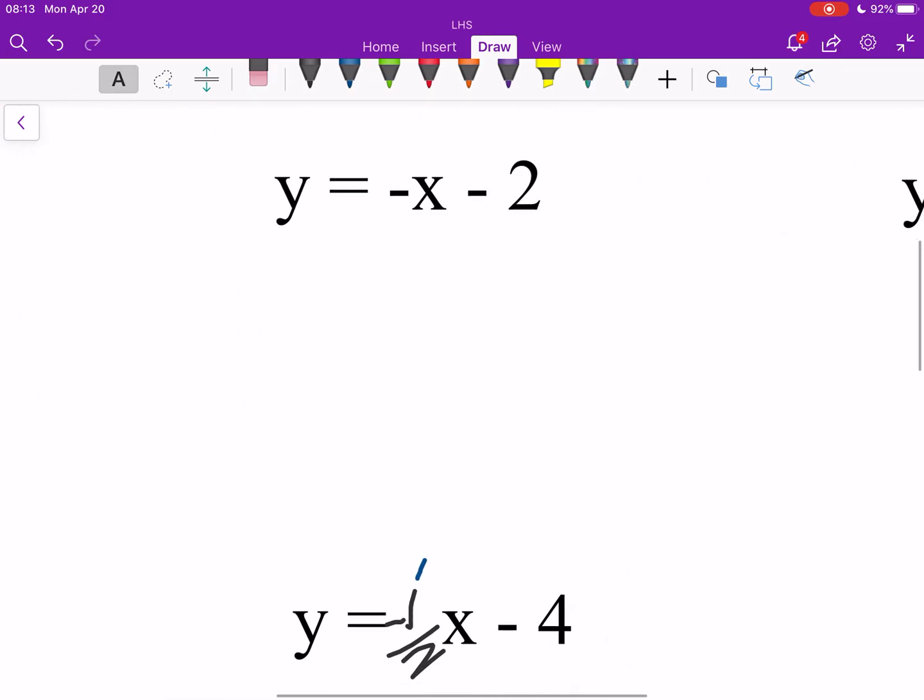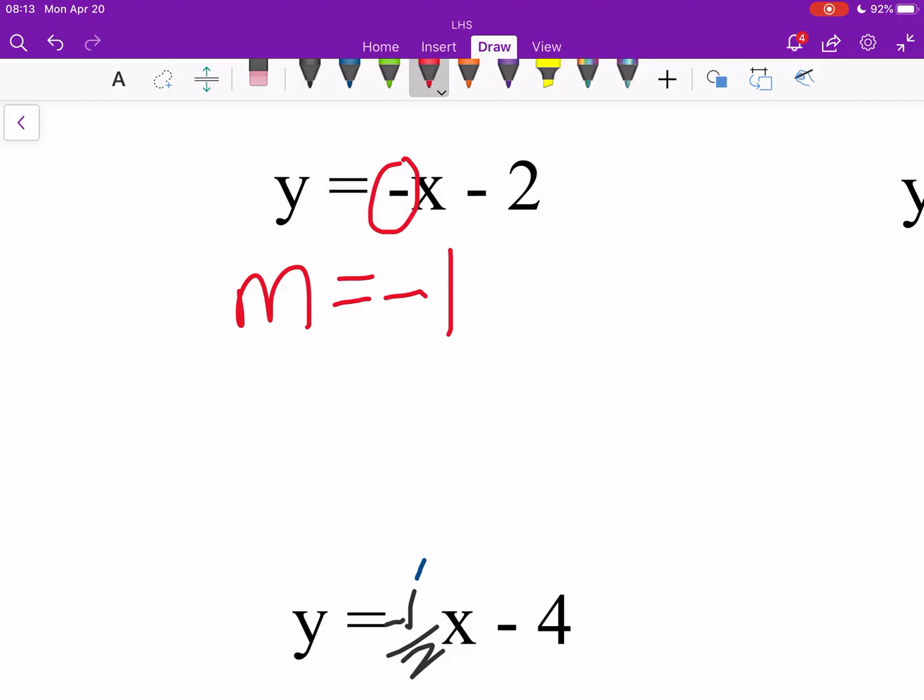Let's take a look at another example here in identifying slope. Again, my slope is going to be the number that's directly in front of x. Here I'm going to include my negative sign, and it's like an imaginary 1. So my slope is -1. We would go down 1 over 1, make a point. Down 1 over 1, make a point. Okay? Now we need to figure out what the y-intercept is.